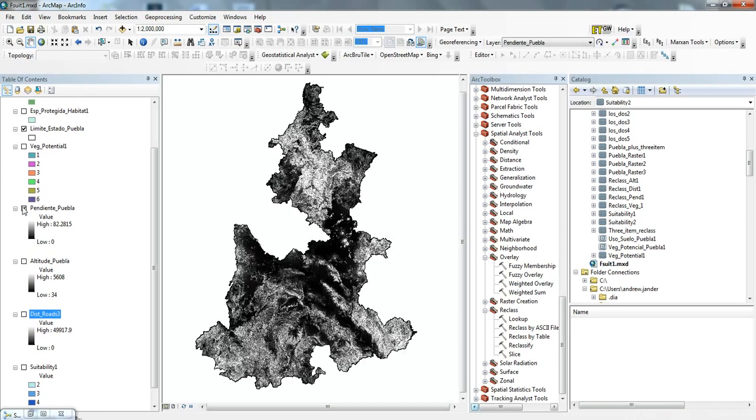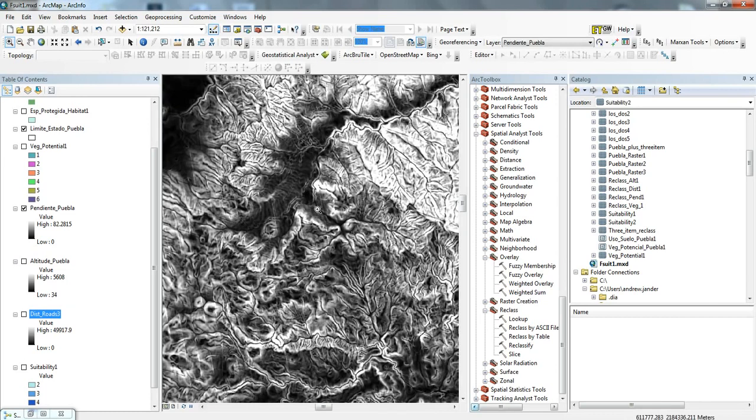The other one we have is an area that shows the slope. If I zoom in here, you can see that the areas that are more black are lower, more flat, and the areas that are whiter or in the lighter gray colors are more inclined.